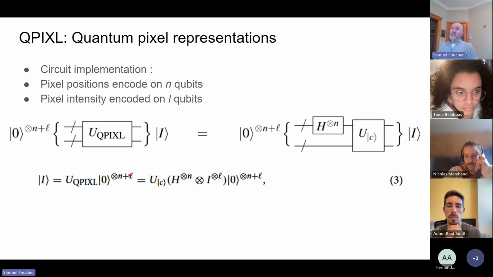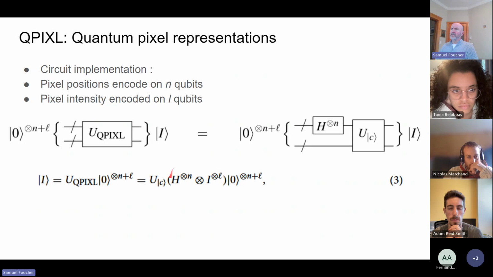So we're going to have pixel positions. The index K will be encoded with n qubits, and the pixel intensity will be encoded with L qubits. That gives us this general Kronecker product between n qubits for positions and L for the grayscale value.